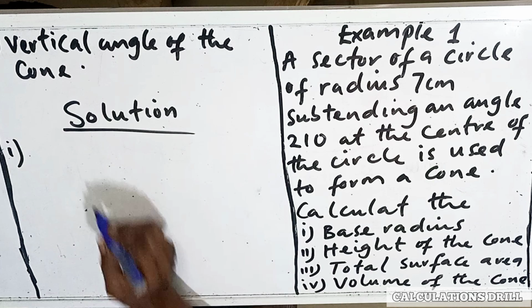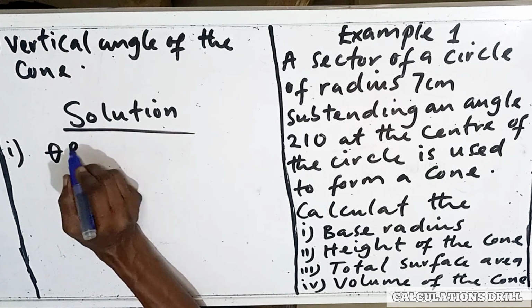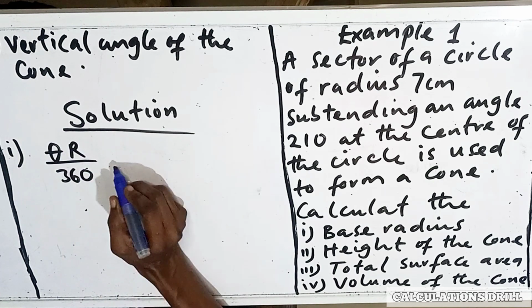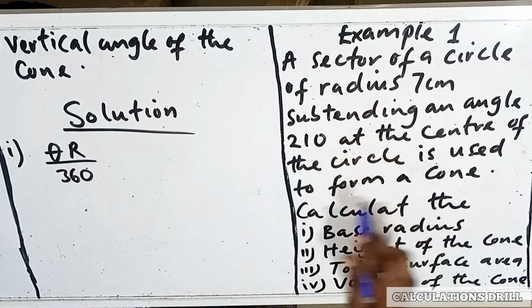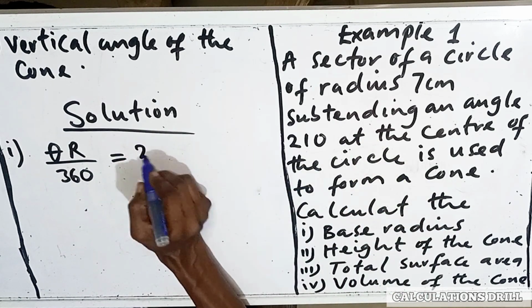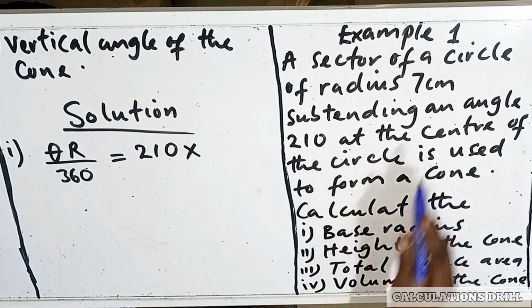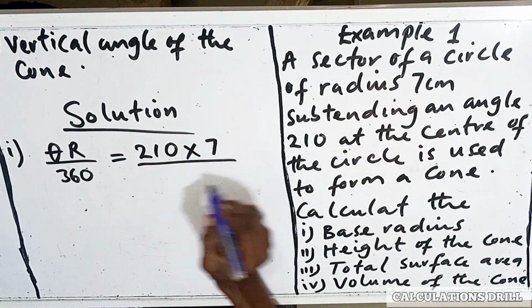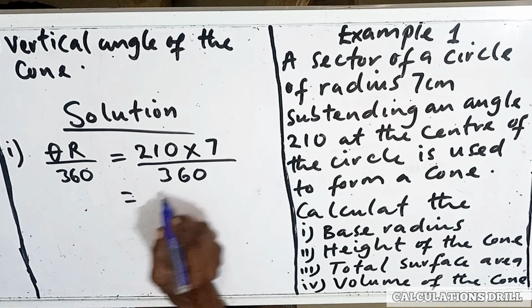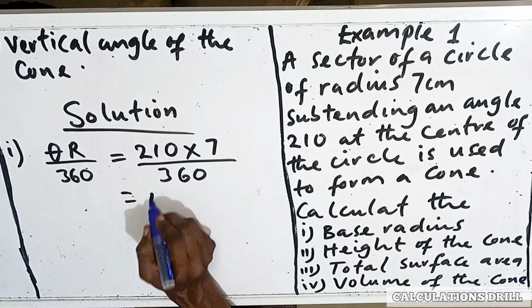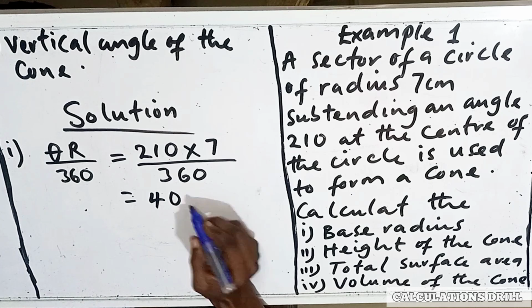Remember, our formula for base radius is theta times big R over 360. Our big R is the radius, while theta is the angle given. So we'll multiply 210 by 7 over 360.